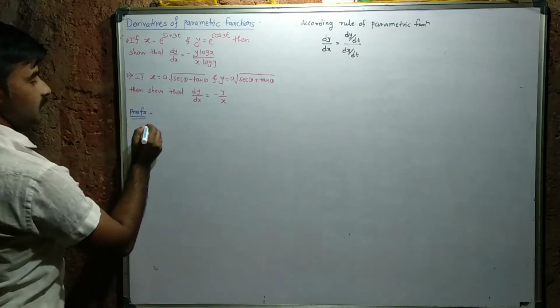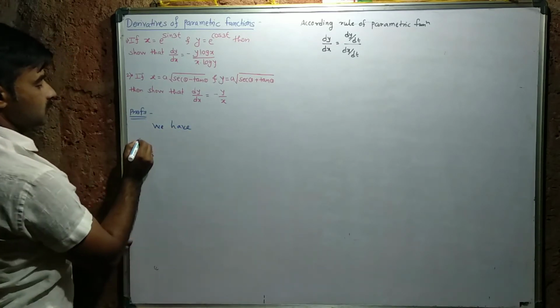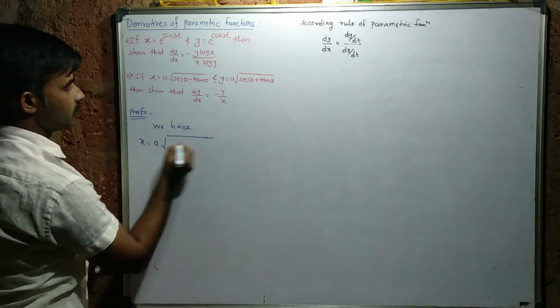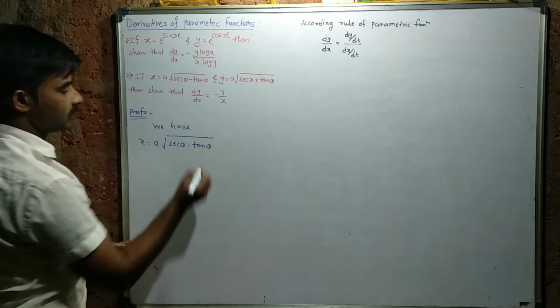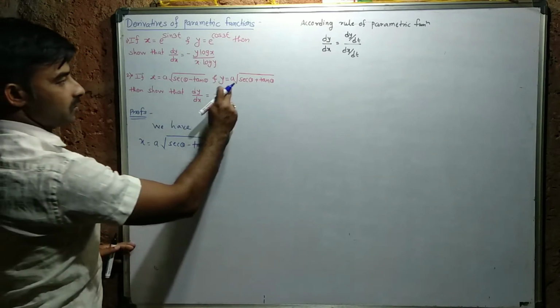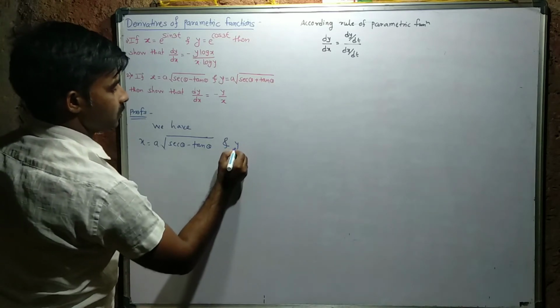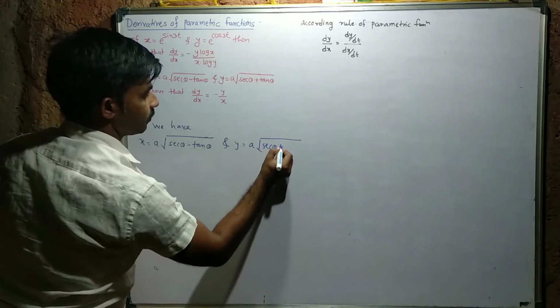Here we have x is equal to a into square root of sec theta minus tan theta, and y is equal to a into square root of sec theta plus tan theta.